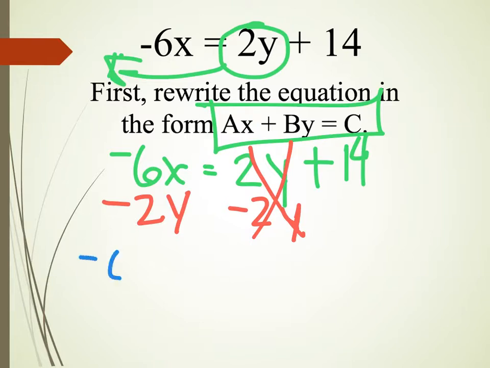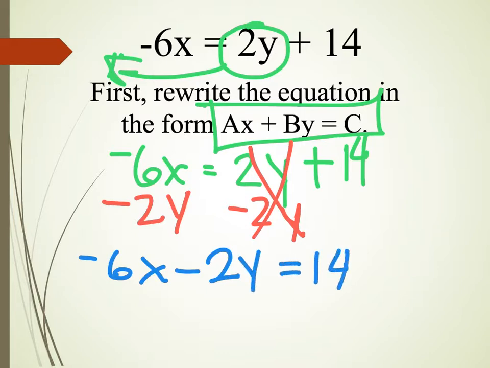So negative 6x minus 2y equals 14. When trying to find our slope, remember A, B, C. So slope equals negative A over B.